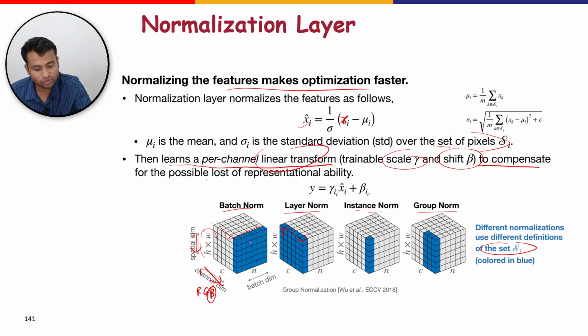Once we do the batch normalization, we see that the input xi, with gamma IC plus beta IC, the scale and the shift, forms the output y.